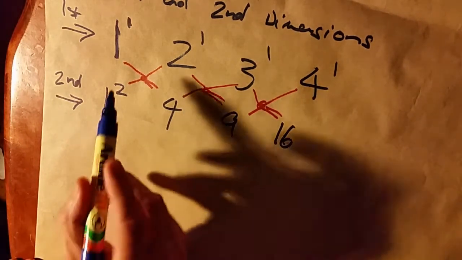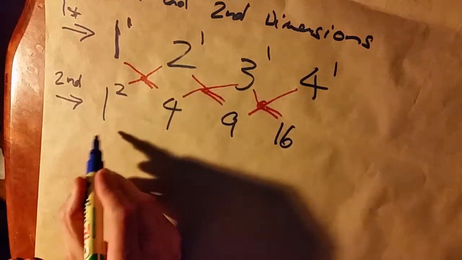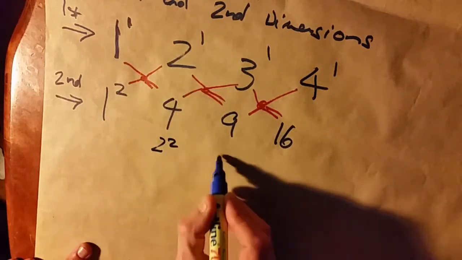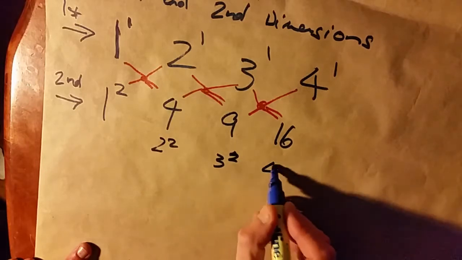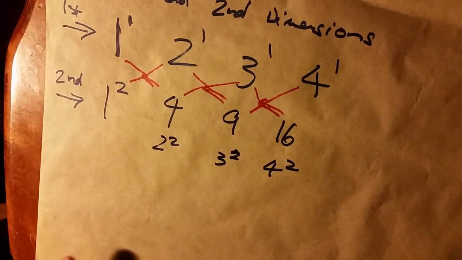So what we're seeing is how first dimension and second dimension numbers give 2 squared, 3 squared, 4 squared, etc., going on to infinity. And so that's a little example of how first and second dimension numbers work together.